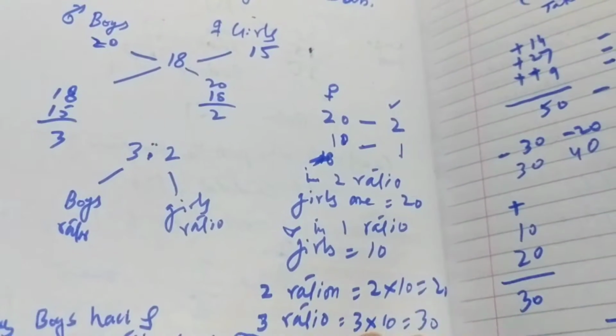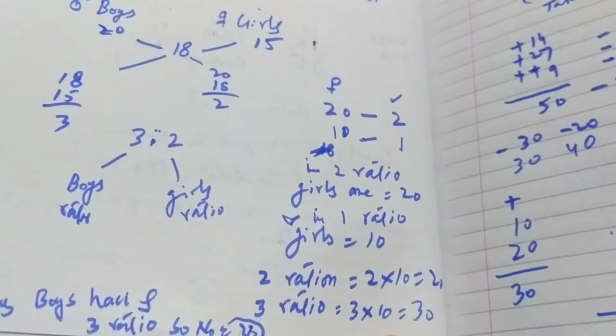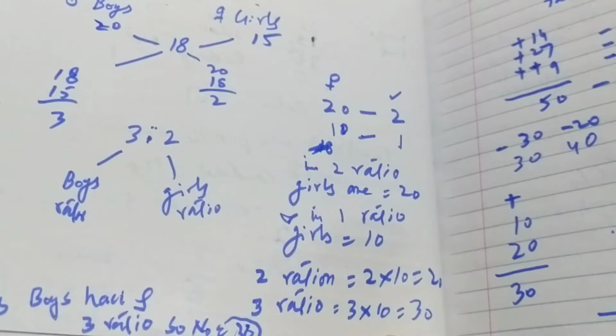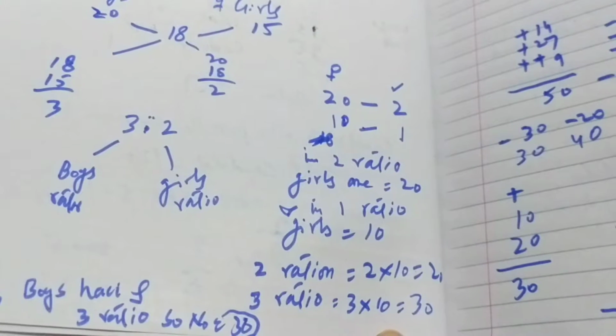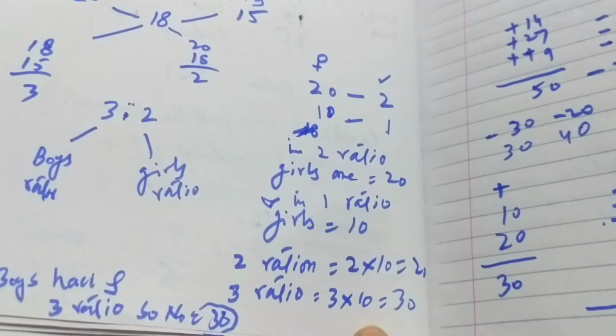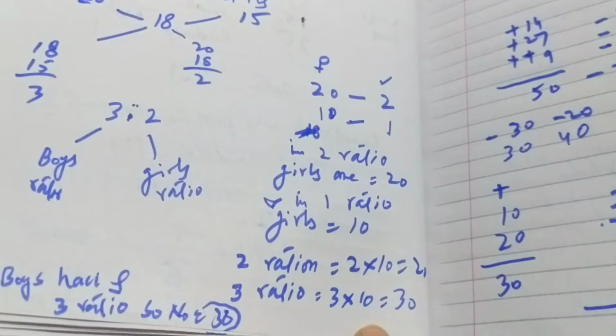Now it is easy to solve this question in a way that if the ratio is 1, the number of girls is 10, and if the ratio is 2, the number of girls is equal to 2 times 10, 20. 1 times 10 is equal to 10.